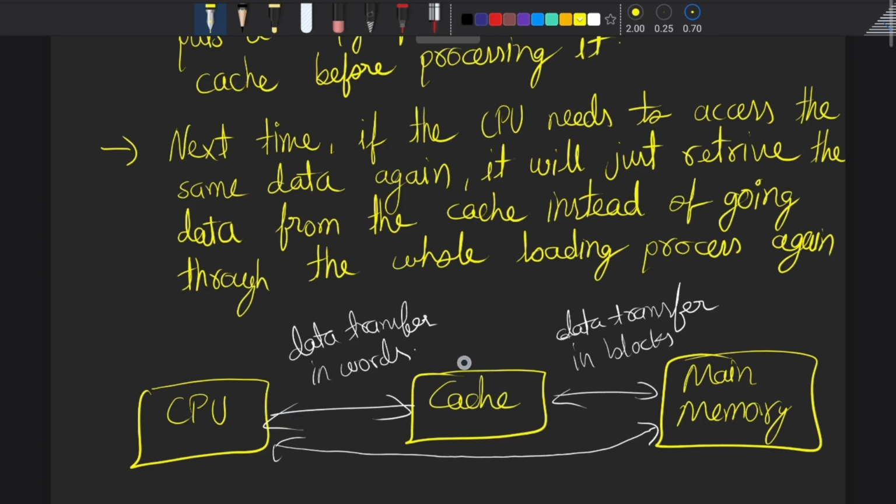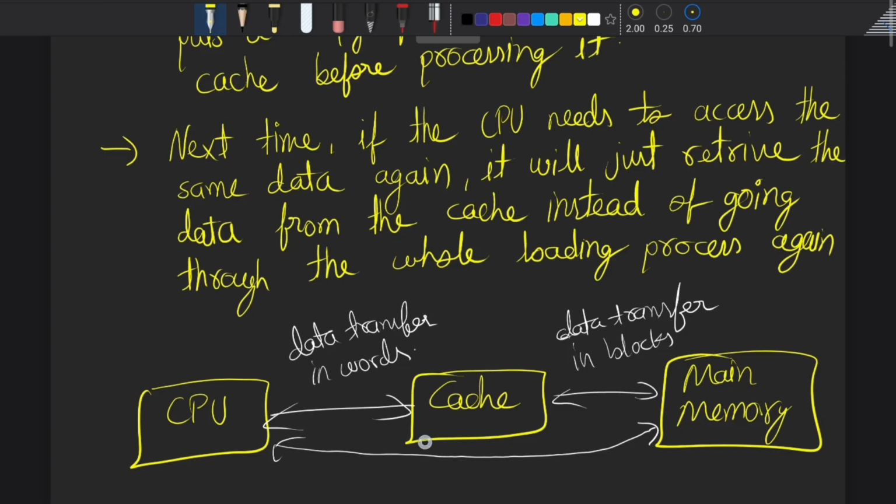If it doesn't find the data in the cache memory, then it looks for it in the main memory. And if it finds it here, it takes the data and makes a copy of the data in cache memory and then executes it, so that if in future it again needs to access that data, it won't have to go again to main memory, which will obviously be slow, and it will be able to fetch the data from cache memory directly.